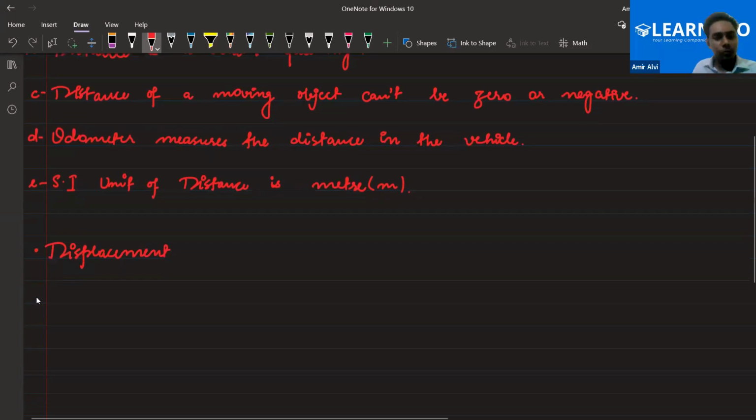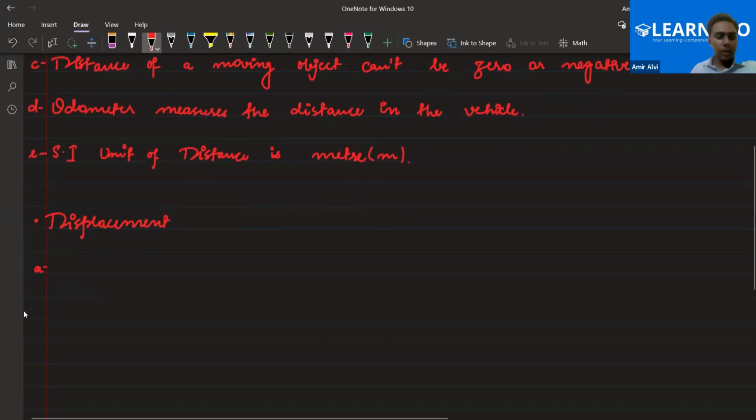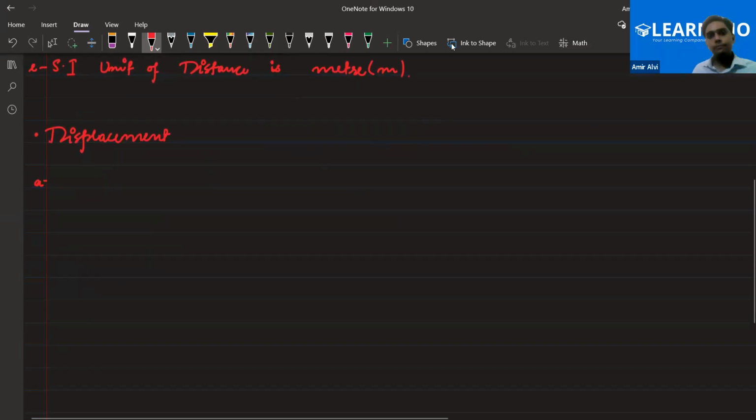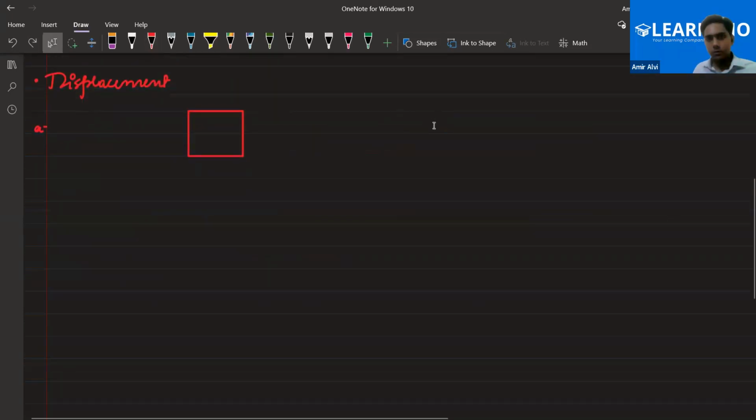Suppose this is a path between these two points.